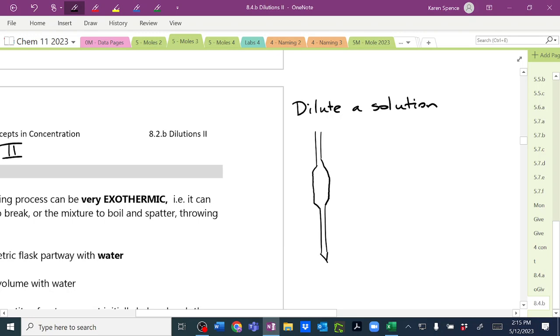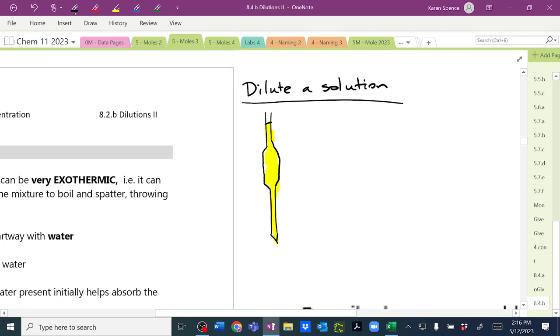We measured out a certain volume of the stock solution. If you're doing the grade 12 stuff, this is one of the procedures that you might be asked to do on Monday's quiz. So you would measure out a certain volume of stock solution. How do we find that certain volume?